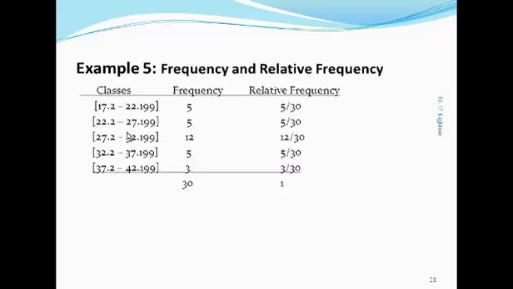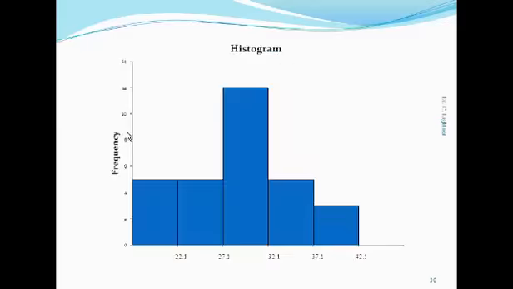Now, you should have computed your frequencies and relative frequencies for all classes as shown on this slide. I created a histogram using the frequency distribution, and your histogram should look like this.